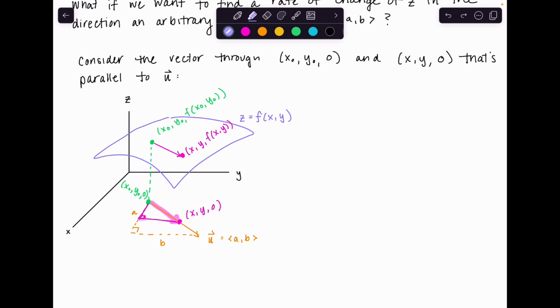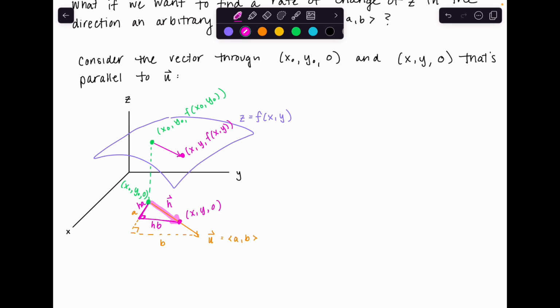So I have no idea what these side lengths are. However, I know it's some scalar multiple of side b. So I'm going to call this side hb. And in the same way, this side right here would be h times a, because both the sides of the triangle have been scaled down. And this vector is going to be our vector h, which has components ha and hb.